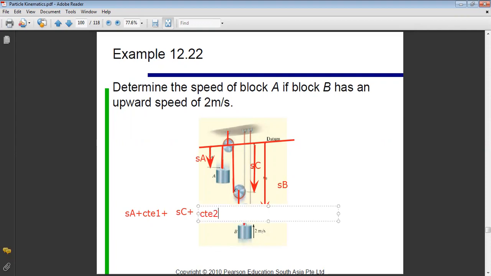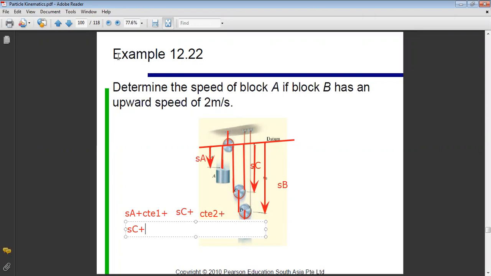Now, when we go up again, from here to here, this is also SC. So we should add SC another time. So plus SC plus.